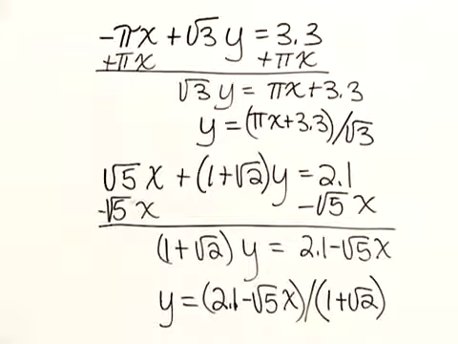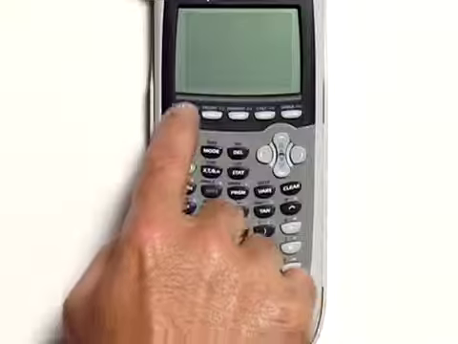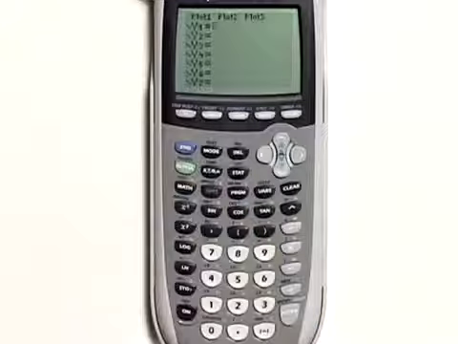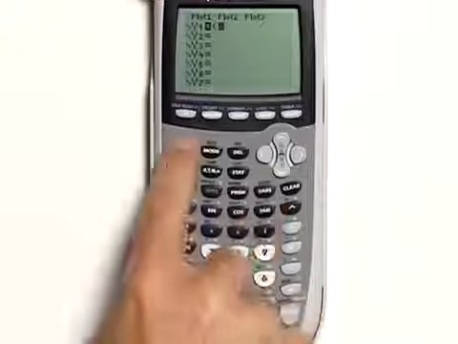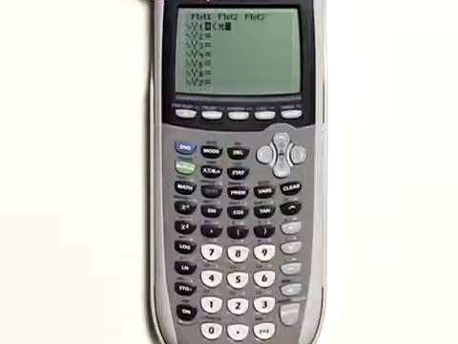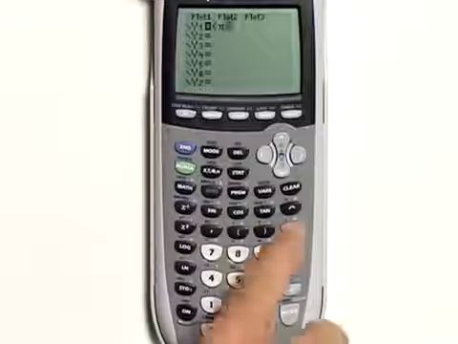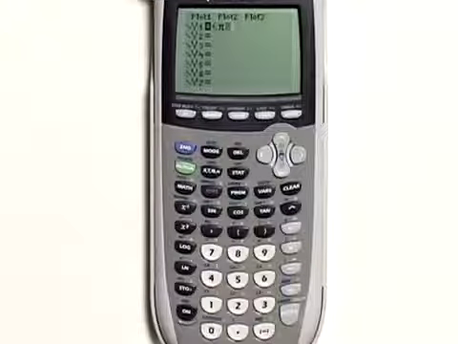So now let's go to the calculator and enter each of those equations into the calculator and then find where they intersect. So on the calculator, we'll hit the equation editor, or the y equals key. For y sub 1, we enter a parenthesis, and then for pi, we hit second, and then the exponent button, which has a little blue pi above it.